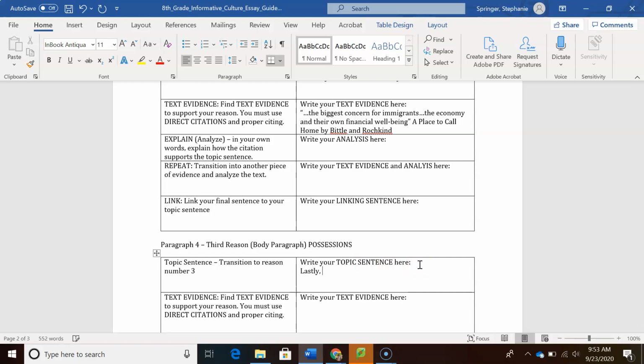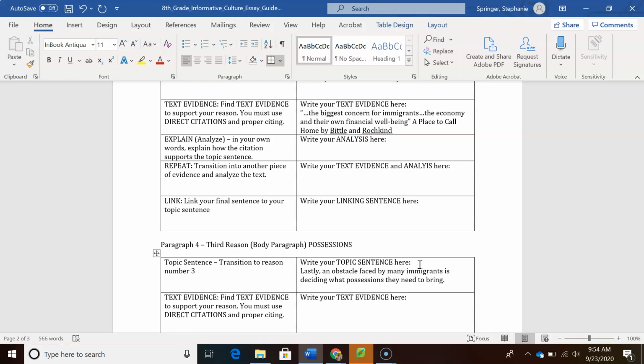Lastly, an obstacle faced by many immigrants is deciding what possessions they need to bring.